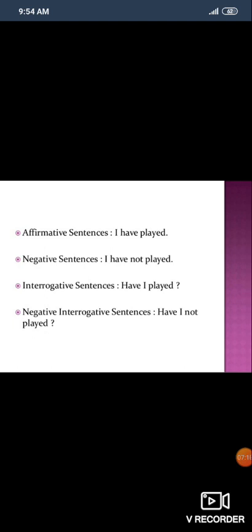Then for the interrogative, we always have to put the helping verb first, then subject, then verb, then object. And for the negative, helping verb plus subject plus not, then verb, then object. Just don't forget this: to make a question we have to start with the helping verb, or we can also start with the WH words. So those are the four types of sentences in the present perfect tense.